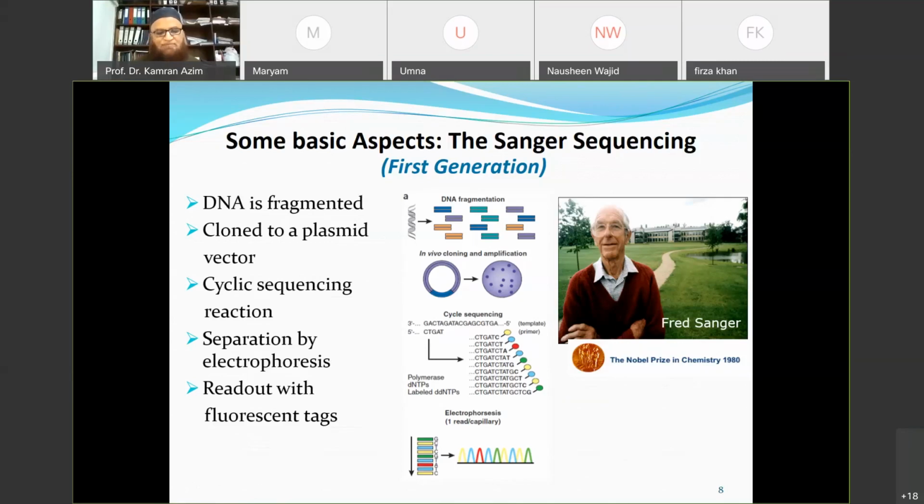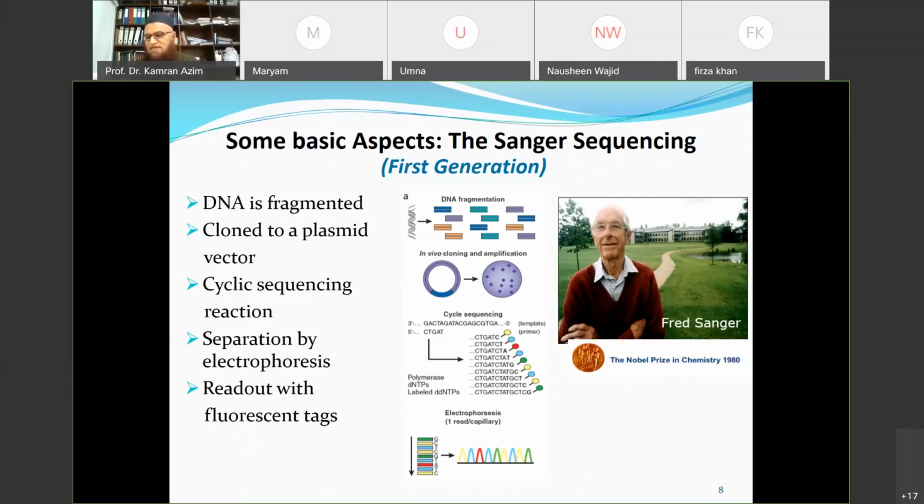After that, the cycle sequencing reaction is carried out, which was described in the class last week. After the cycle sequencing reaction, we have DNA fragments of different lengths, and all these fragments are separated by electrophoresis.